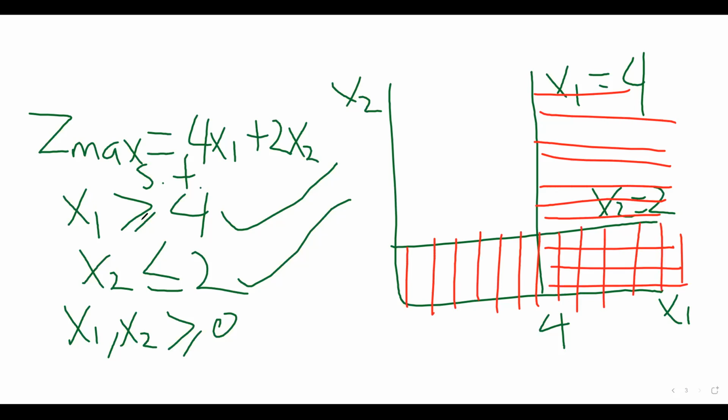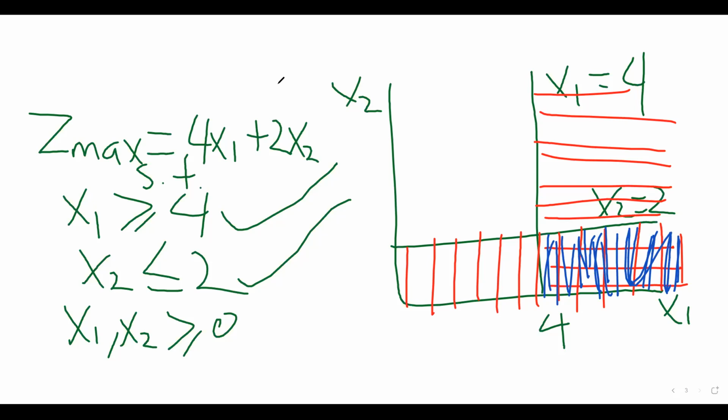And so you can see that the area that is common to both, I'm going to shade. The area common to both is this one there. So this area here is common to both constraints, and this should be where the feasible solution area is.